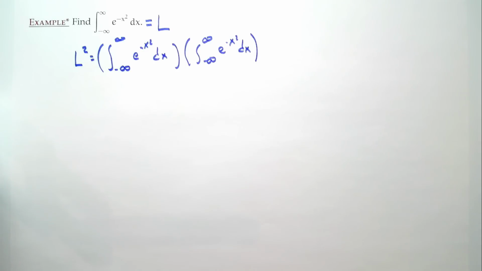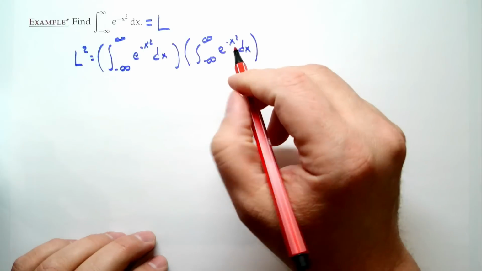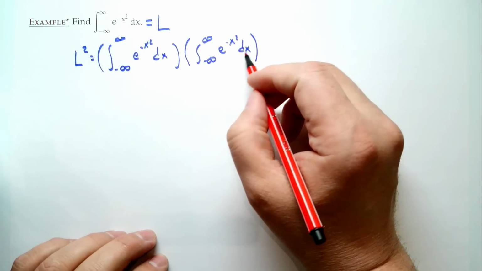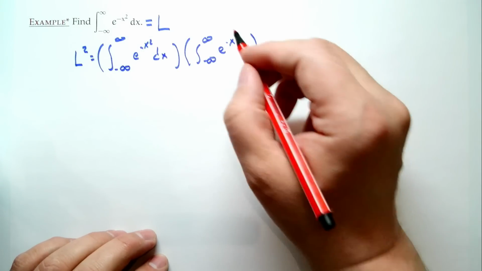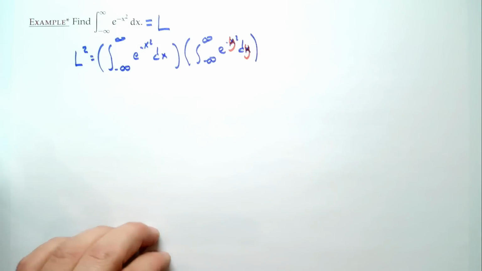After you integrate, there's no more x dependence after you do your integration and your evaluation. So let's make this second integral, and instead of calling our variable x, let's just change it to y. It doesn't change the answer because it goes away. Regardless of what variable name we call it, we'd still get the same value.